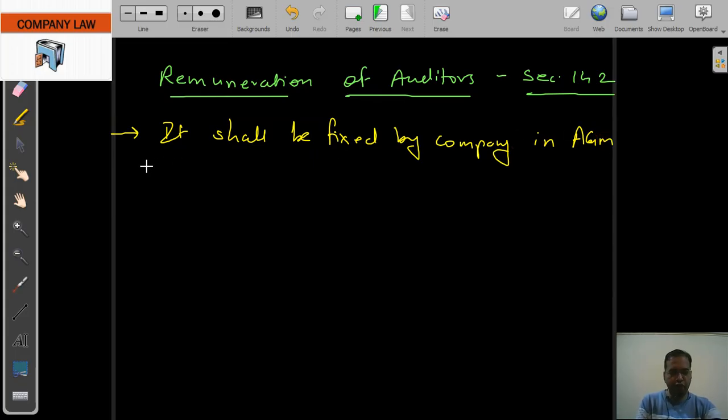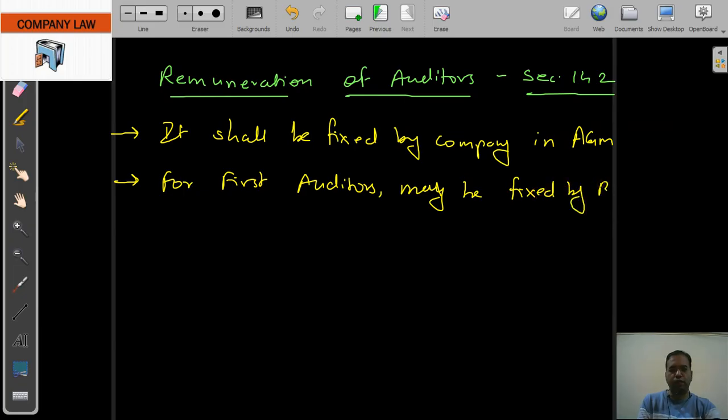For the first auditors, it may be fixed by the board of directors. In addition to the fees payable, the expenses and other amounts can also be given to the auditors. So this is regarding that.